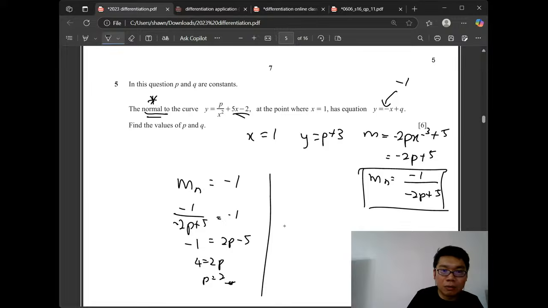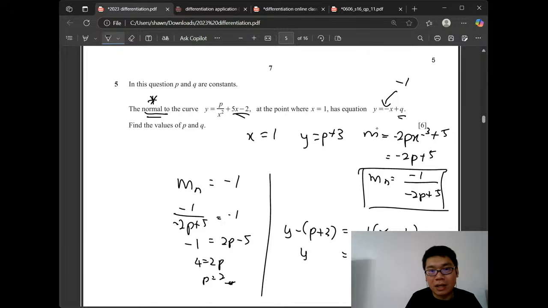So I can know my equation of the normal is y minus y1 equals m(x minus x1). M just now we know is minus 1, so y minus (p plus 3) equals minus 1 times (x minus 1).